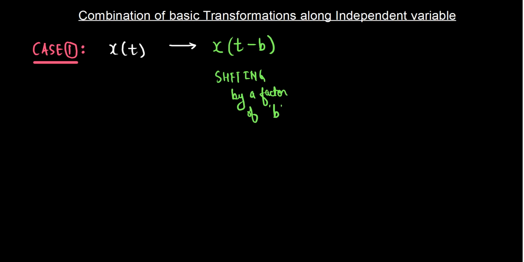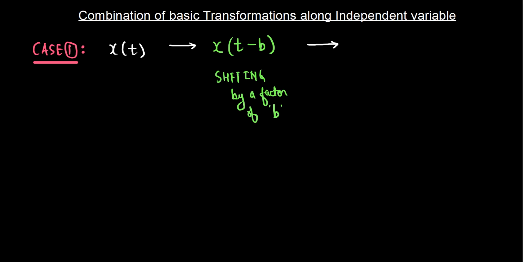Now let's try to scale the resultant signal. Please note that we are scaling this signal along the independent variable. What is the independent variable here? T. B here is simply a constant which is obtained by shifting the original signal. So it is some value, a constant, whereas the variable here is t. So we must now change this t.